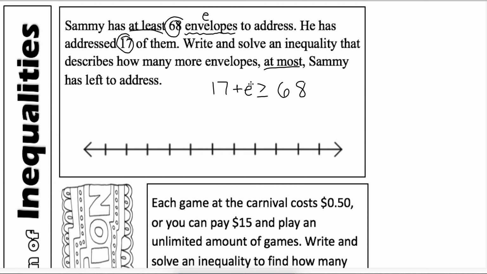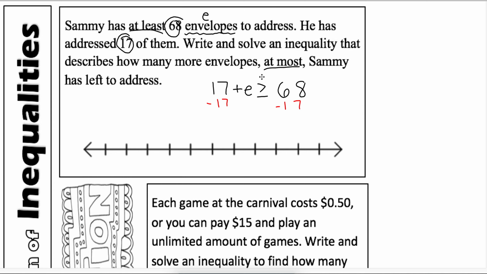So 17 plus E at most is going to be 68. So what he's already done, 17, plus what he needs to do, needs to be at most 68. So this side has to be greater than this side. Okay, let's check it out. Let's solve this inequality. Let's get that E by itself. Well, positive 17, the opposite is negative.